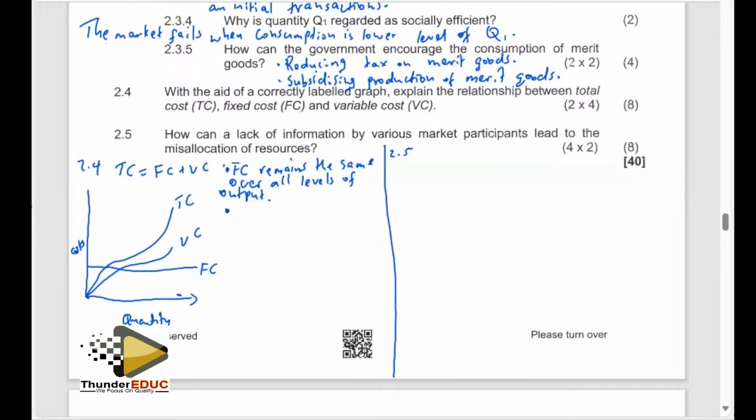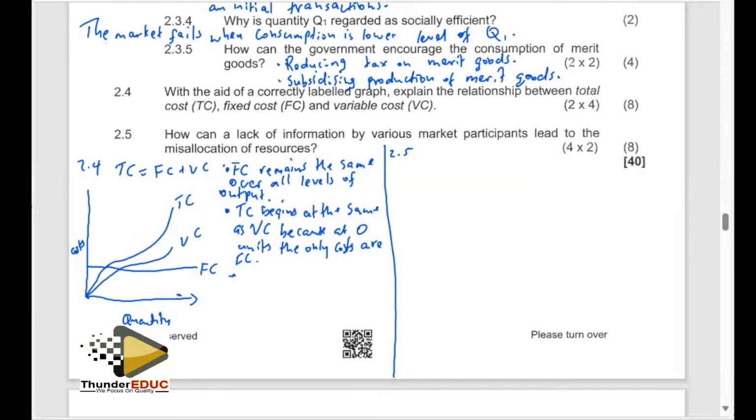We are also saying that total cost begins at the same point as variable cost, because at 0 units, the only costs are fixed cost. Okay, right?